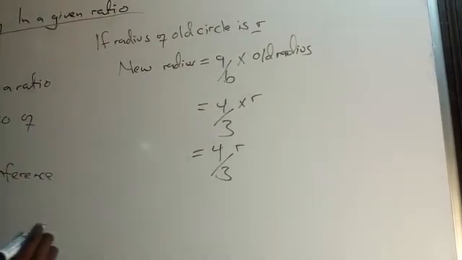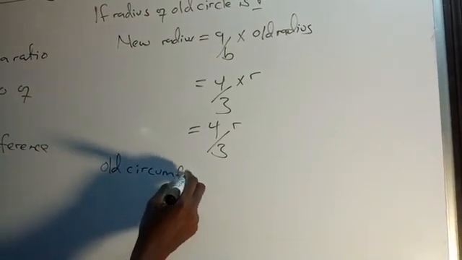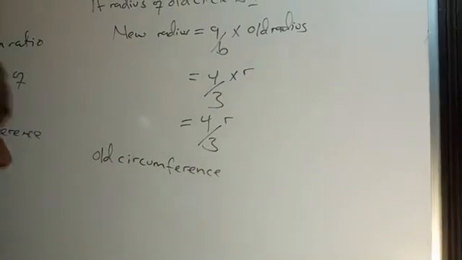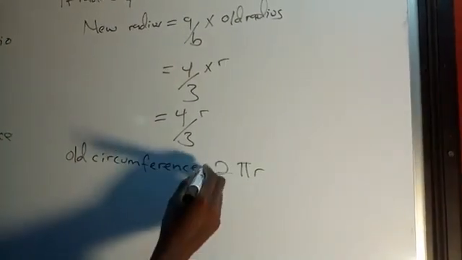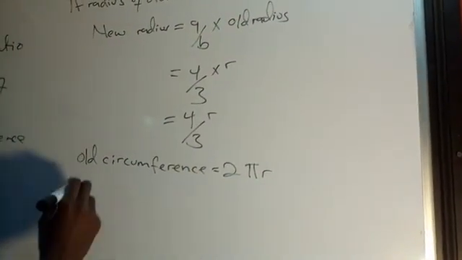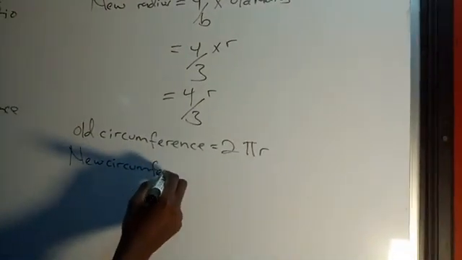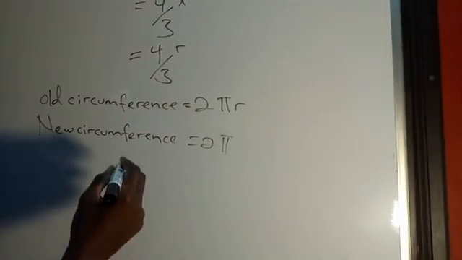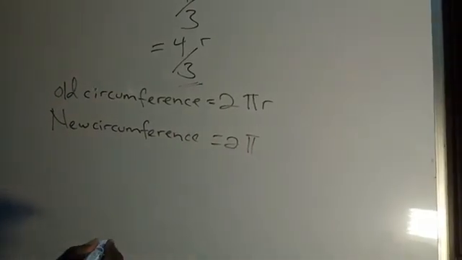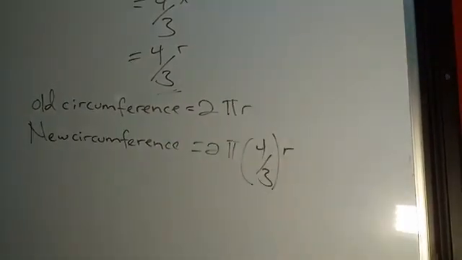The old circumference will be 2 pi r, and the new circumference will be 2 pi when we introduce our new radius, becoming 4 over 3 r.